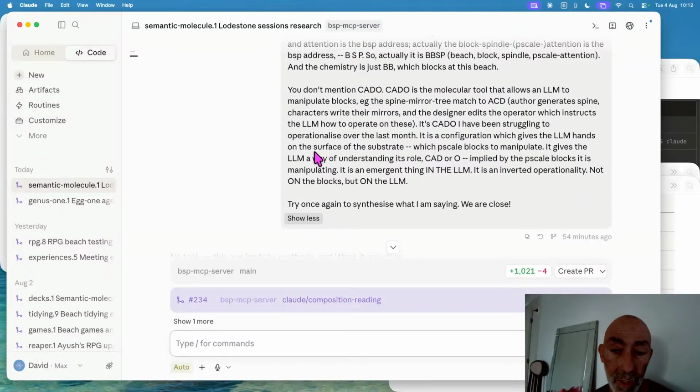So if it observes one p-scale block as, for example, a spatial block, and it observes another block, which is the intentions of a character, then it puts them together. It says, this character is in this spatial block. This character is in the same room with another character, because the addresses are the same relative to the spatial block.